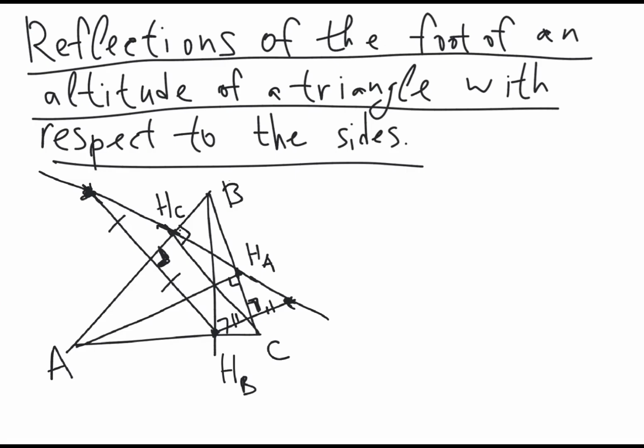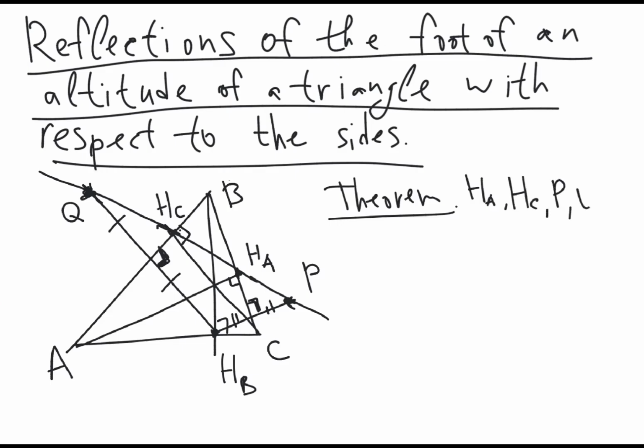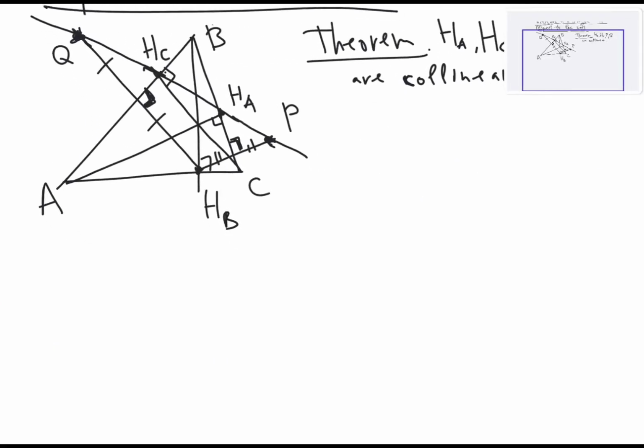Let's denote these points by P, Q. And so now the theorem says that H_A, H_C, P and Q, these 4 points are collinear. Okay, so let's prove this.